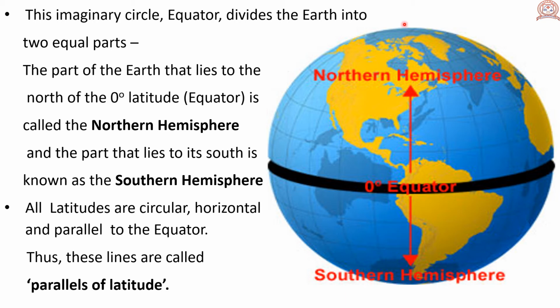You know that this is north, this is south. All latitudes are circular, horizontal, and parallel to the equator. Thus, these lines are also called parallels of latitude.